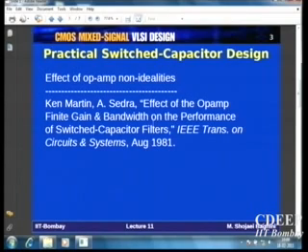So this is an old paper, however, it is from Ken Martin. I think it is when he was a student, with Sedra. So you will see how he has explored the effect of finite gain and bandwidth of the op-amp. Because time is short, I don't cover it in this lecture.